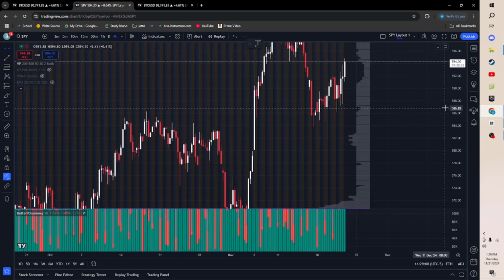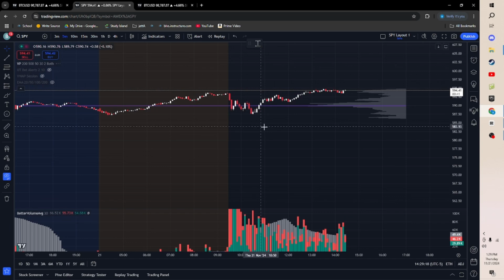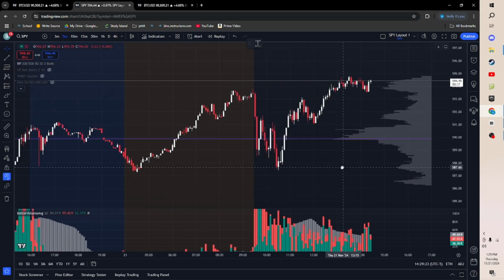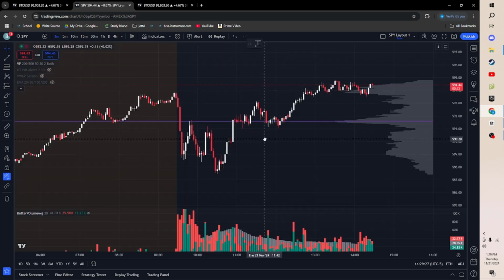But how can you use this indicator for day trades? My favorite trade for me to take is a break through the POC and then a retracement back up to the POC and then continuation off of the POC.